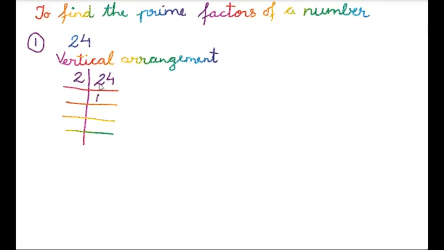Those who know the tables can write it directly: 2 twelves are 24. Now again, will this 12 come in the first prime number, 2? Surely, 2 sixes are 12. Got it?